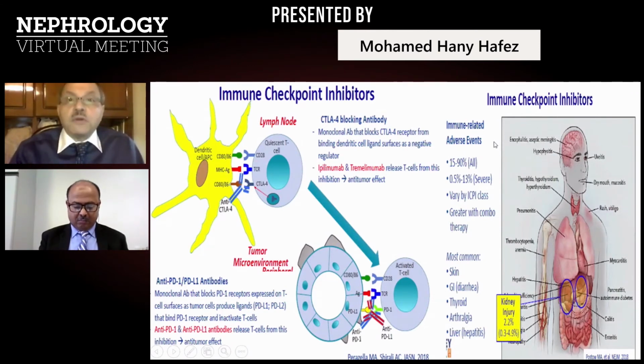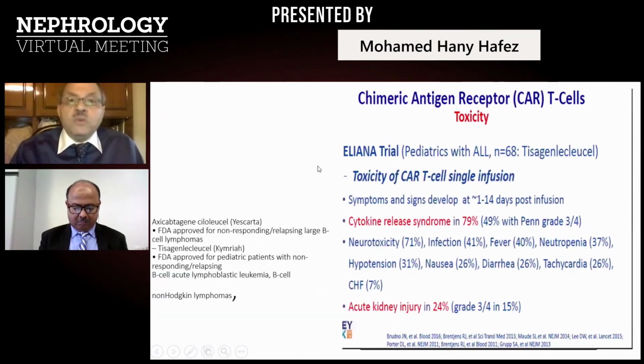And another group coming nowadays, which is the chimeric antigen receptor T-cell toxicity, in this trial again causing acute kidney injury in 24% of the cases. So we have a big problem with these new drugs that we are using.